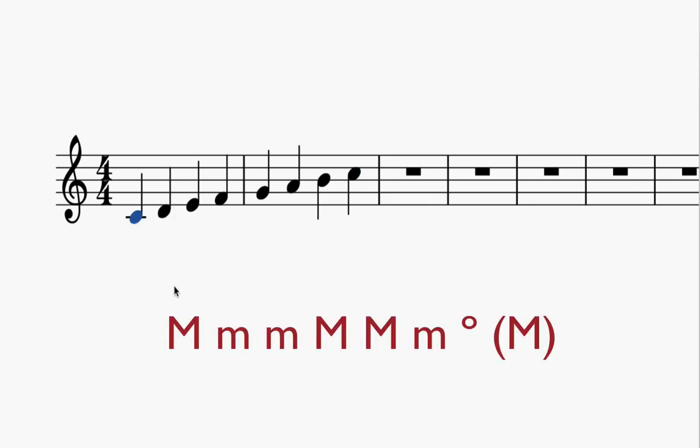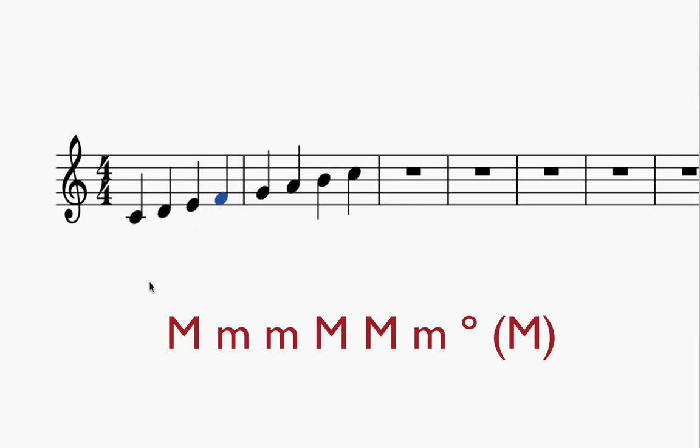So how do we use those? If we're in the key of C major and I said, make me an F chord in C major, or a chord built on F in C major, you should be able to tell me if that's going to be a major or a minor chord. So all you have to do is think, F is the 4th scale degree in C major: 1, 2, 3, 4.